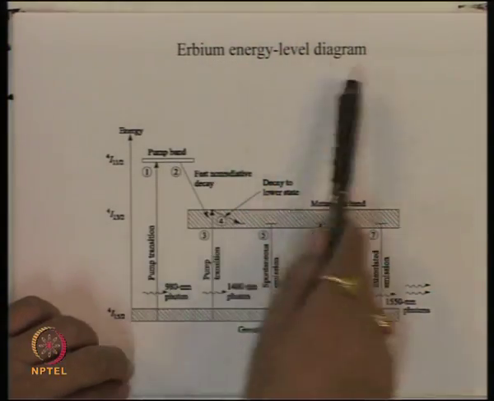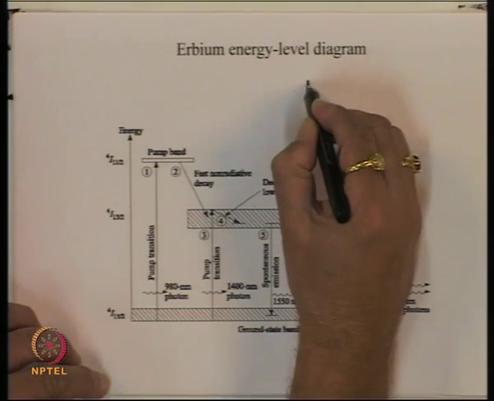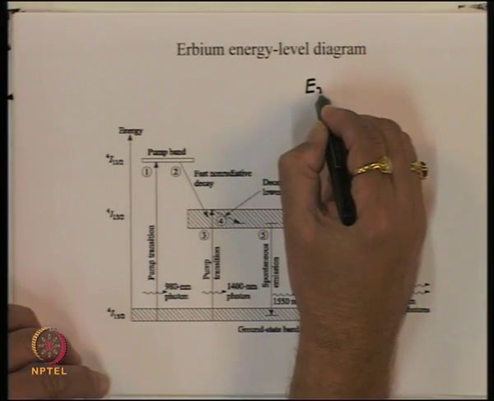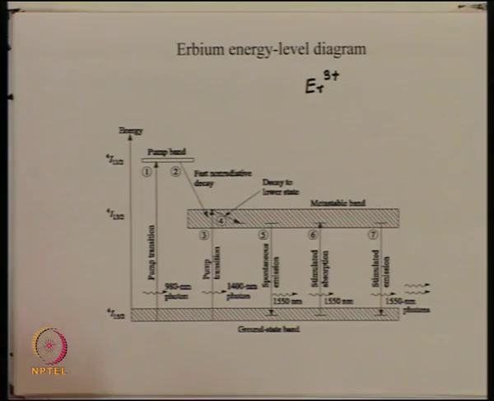So we have here the energy level diagram of the erbium doped fiber amplifier. What is done? We have the normal glass fiber. The core of this fiber is doped with erbium atoms. So it becomes an ion.